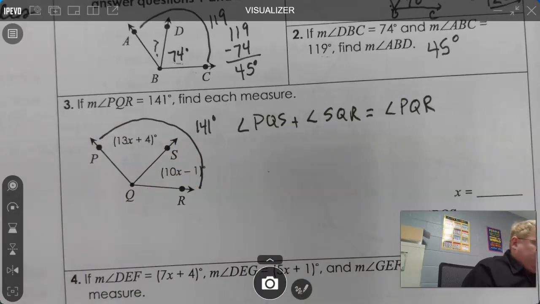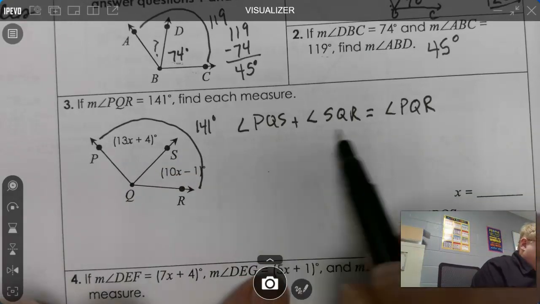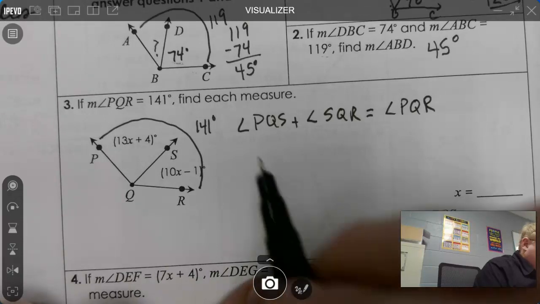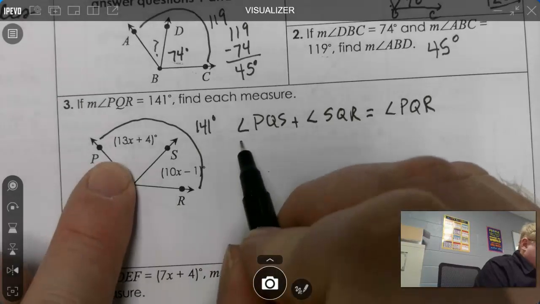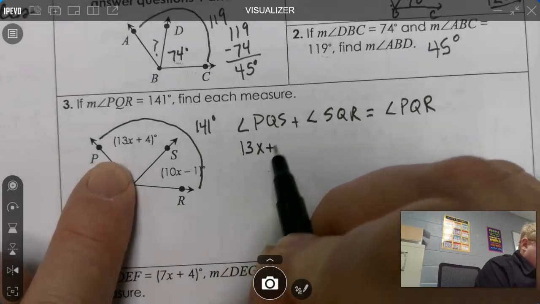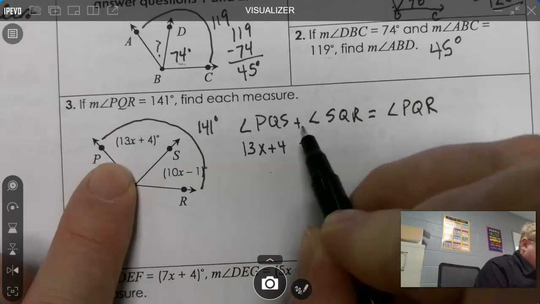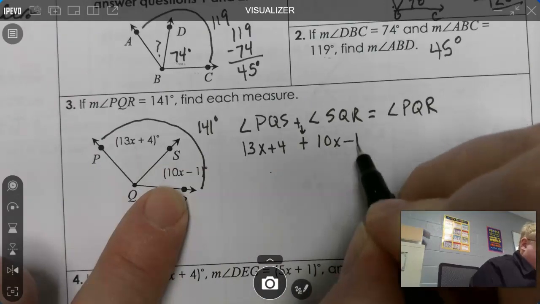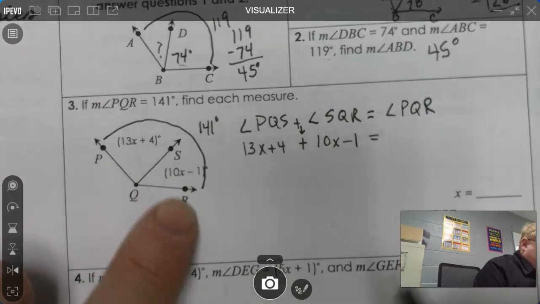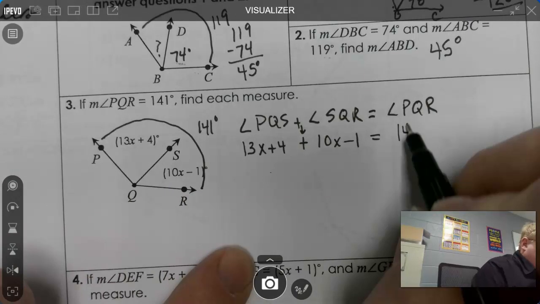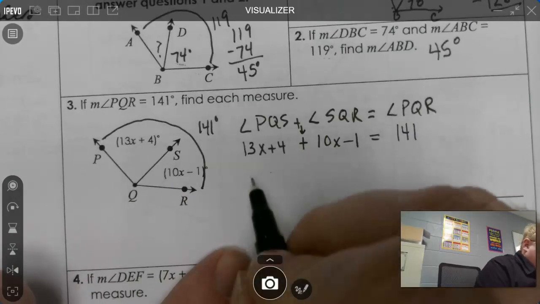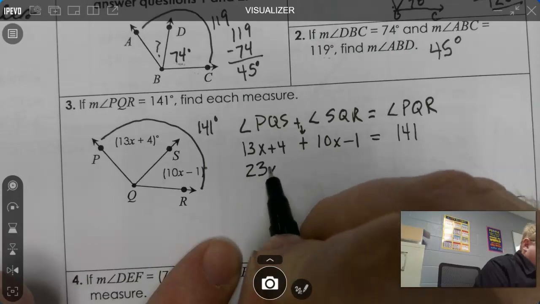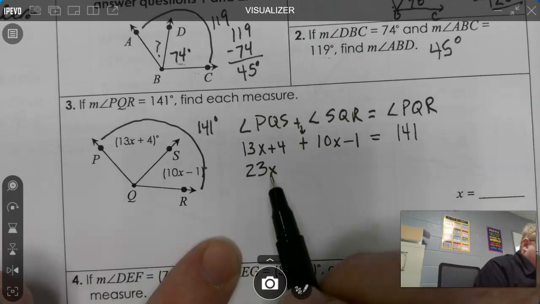All we have to do is fill in the algebra with the statement that I have written right here. PQS is 13x plus 4, plus 10x minus 1, equals PQR, which is 141. I clean up my algebra. We've got 13x and 10x, that's 23x.